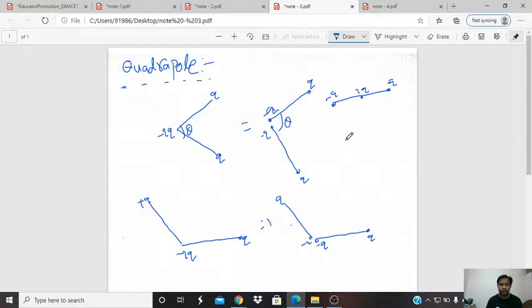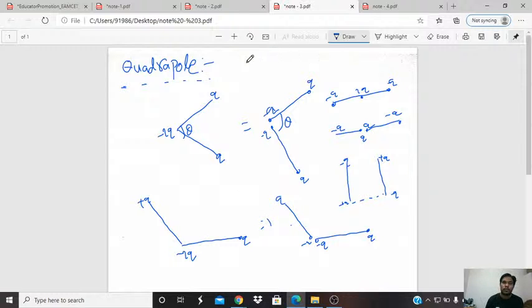Then we can write minus q, q, q, minus q. Or we can write separately also, plus q minus q. Like this we can find it. So this is what? Quadrupole. So like this we have different dipoles.